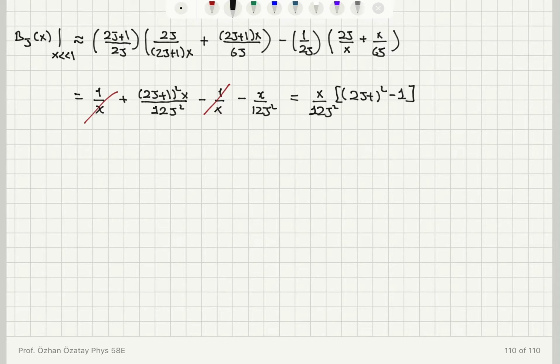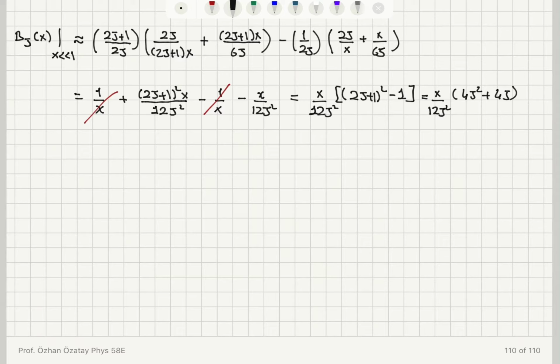So this will be equal to x over 12J squared times 4J squared plus 4J, and then it will be plus 1 and minus 1, so they will cancel.